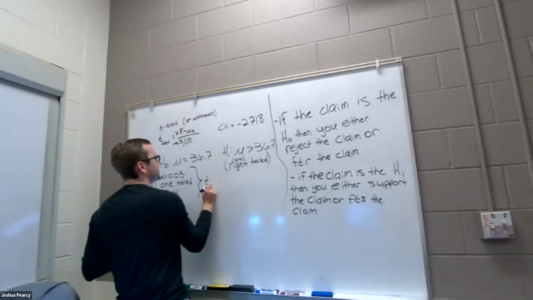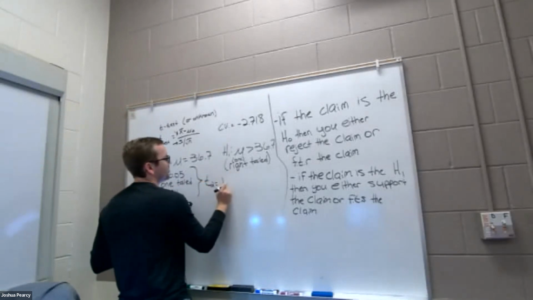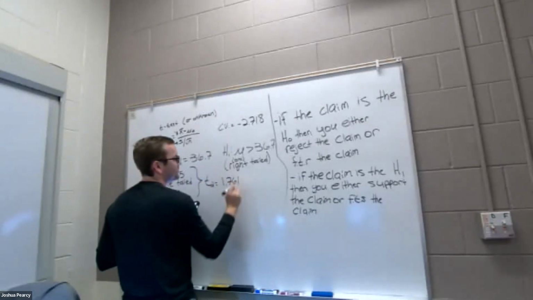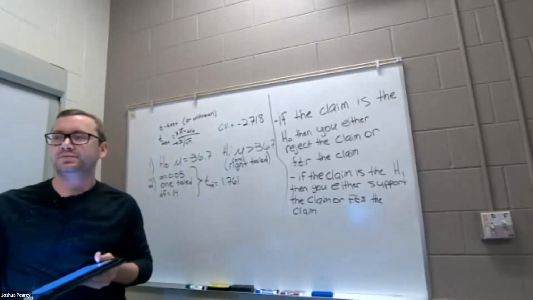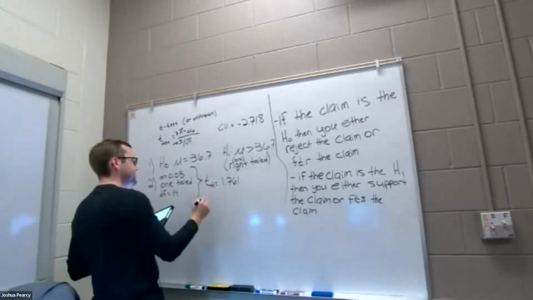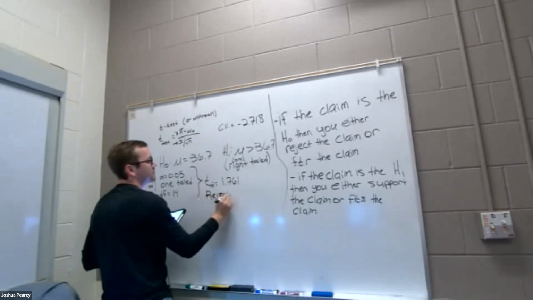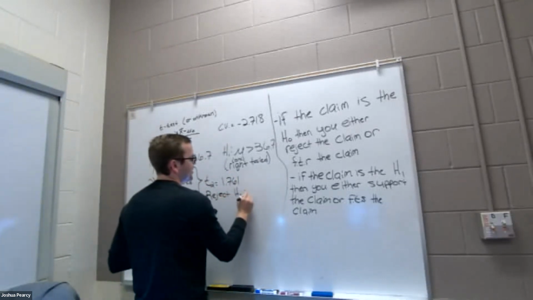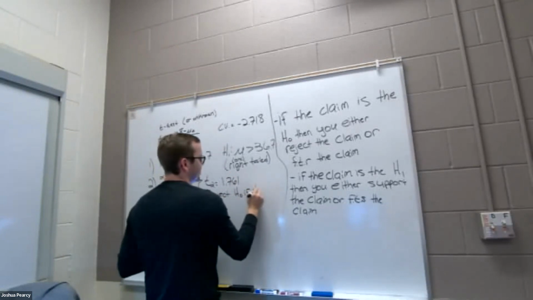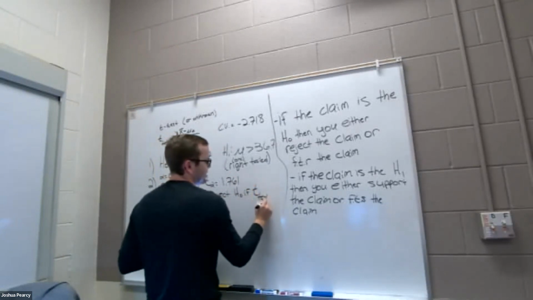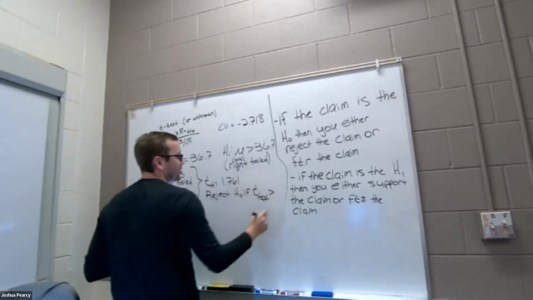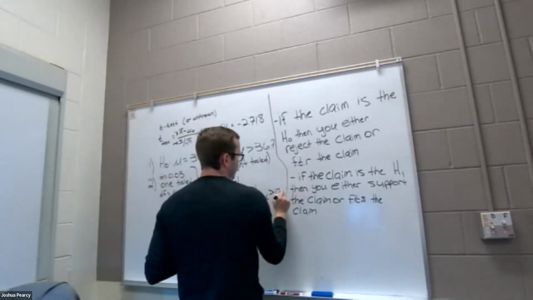T alpha is 1.761. Since it's a right-tailed test, you reject the null hypothesis if the test statistic you compute is greater than the critical value, 1.761.